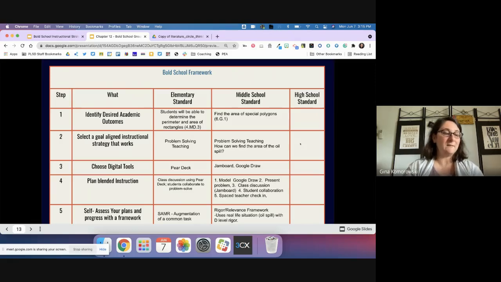So Peer Deck gives them more of an opportunity to take risks and to do so anonymously, than to raise your hand, offer a solution that may not actually fit. It gives the teacher a really good idea of, are they even going in the right direction? And it allows for the augmentation of class discussions in terms of self-assessment.